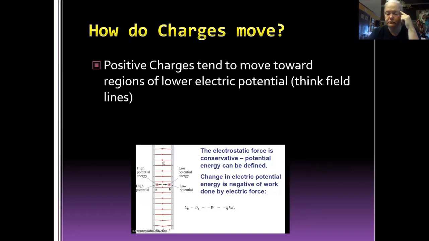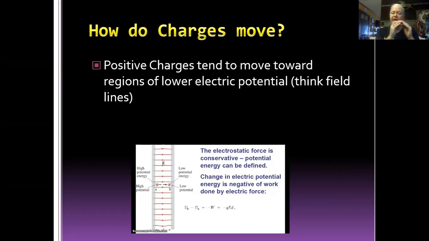Okay, so how charges move in a potential has to do with whether they're positive or negative. If you let a charge go, it is always going to move toward a region of lower energy, just like a ball will always roll downhill. It won't ever on its own roll uphill. So if you let a charge go, it's going to move toward decreasing energy, but that may not mean decreasing potential.